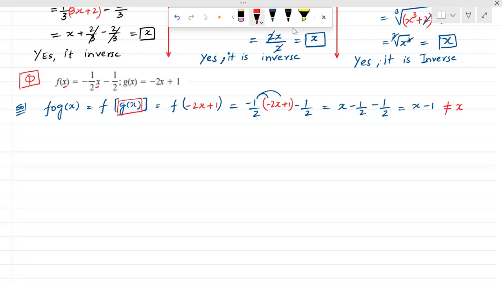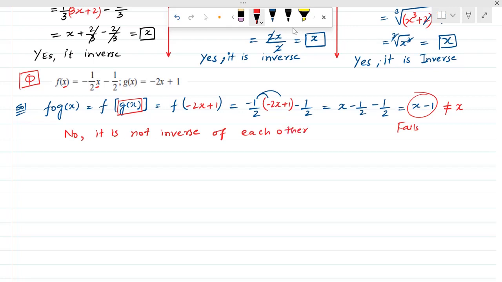So the first condition itself fails here. It is compulsory that we get x. We should not have any value like x minus 1, x plus 2. So therefore, I say no, it is not inverse of each other.